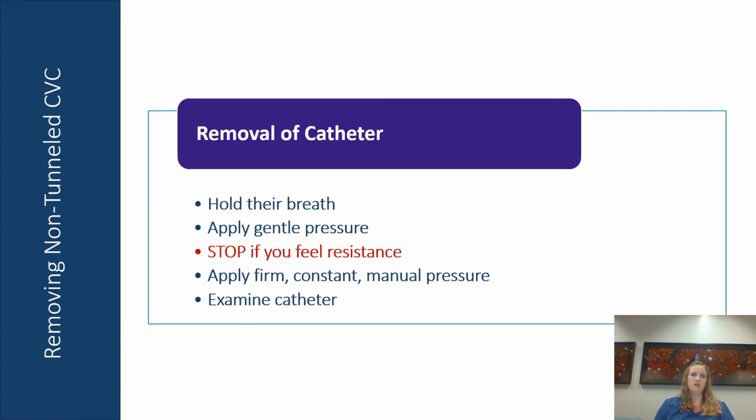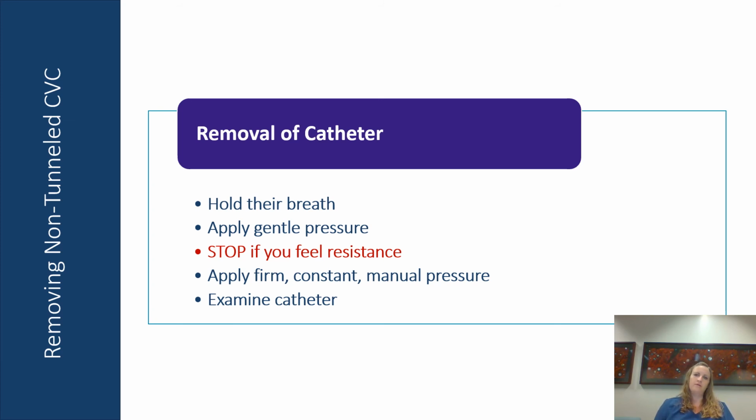Using sterile gauze, you want to apply gentle pressure to the site while slowly withdrawing the catheter. If you feel any resistance, stop. Never forcibly remove if resistance is encountered. That forcible removal can result in the catheter fracturing and embolizing, which, remember, is a medical emergency if that happens.